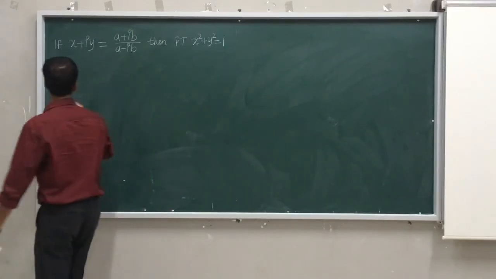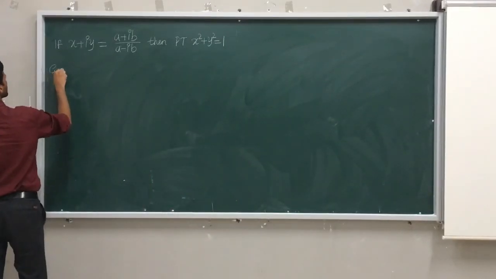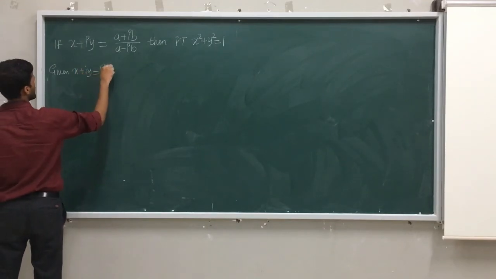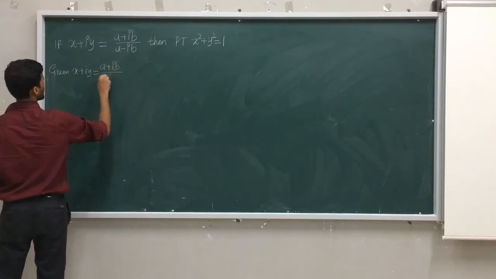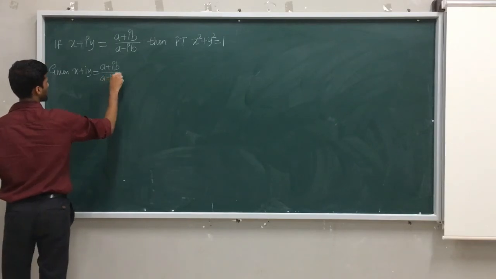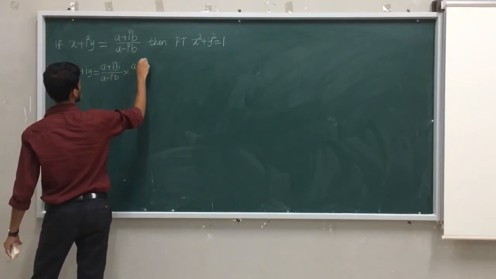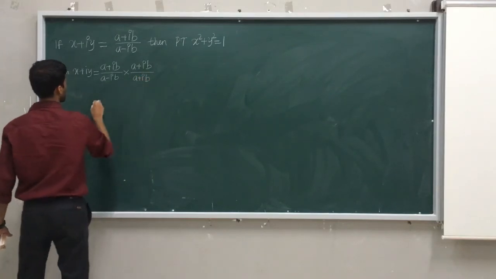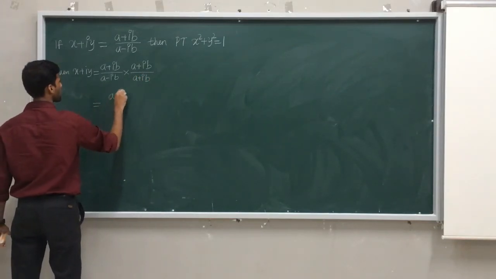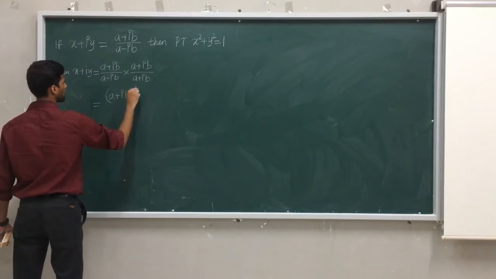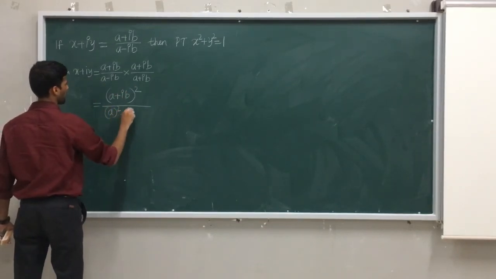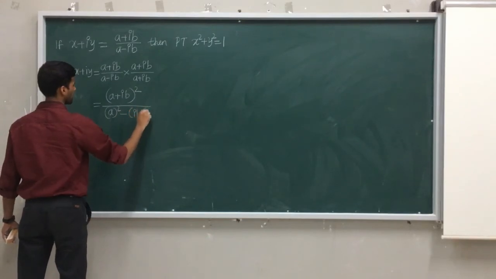So what I do here is, given x plus iy is a plus ib divided by a minus ib, which is not in a standard form. Let me multiply by its conjugate, a plus ib divided by a plus ib. When you do like this, the numerator becomes (a plus ib) the whole square divided by a square minus i square b square, minus 1 into b square.